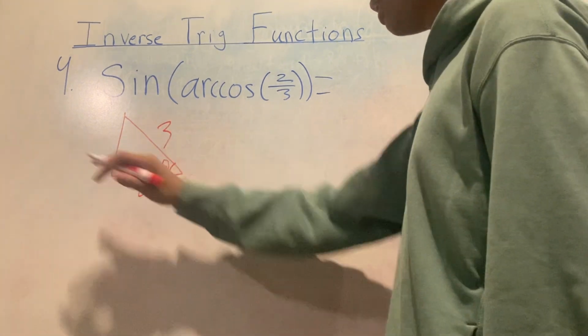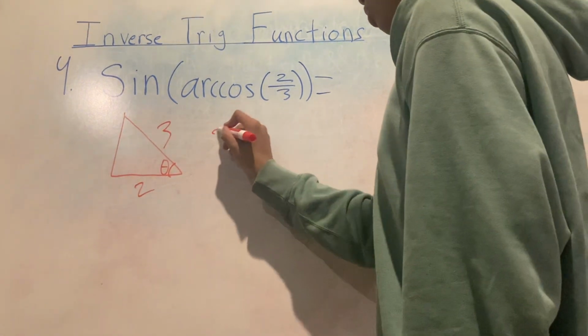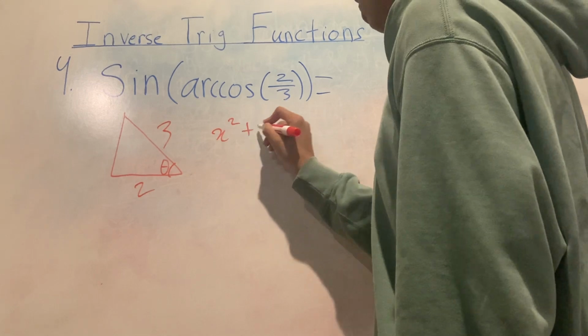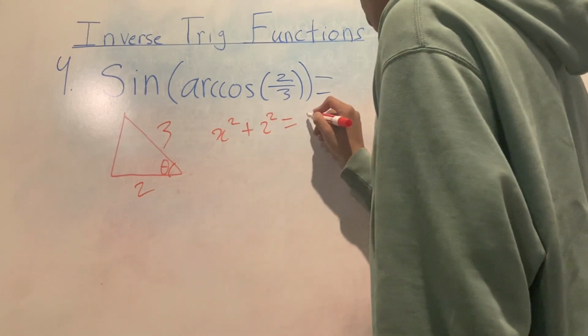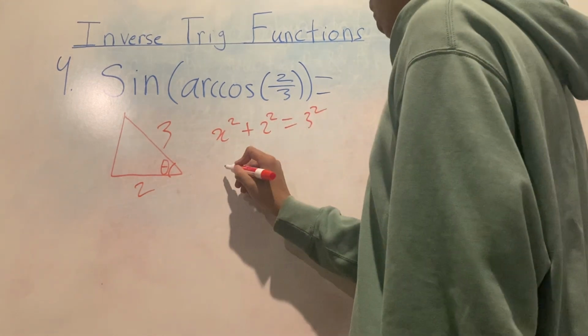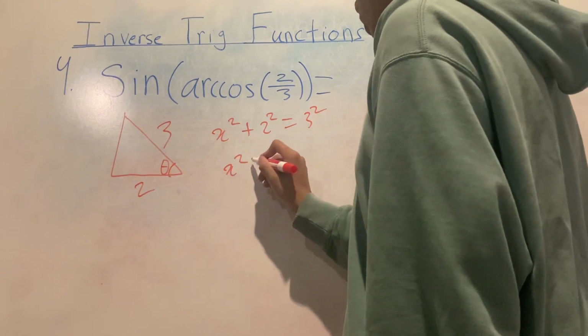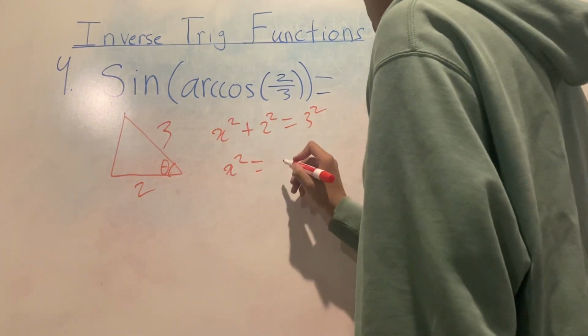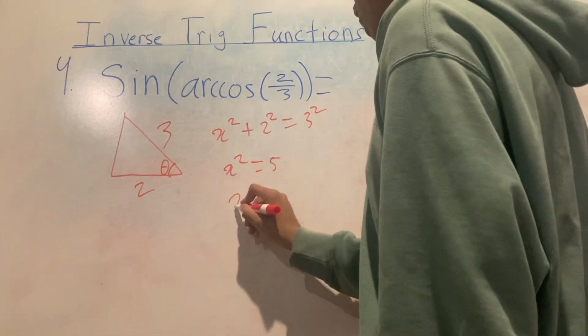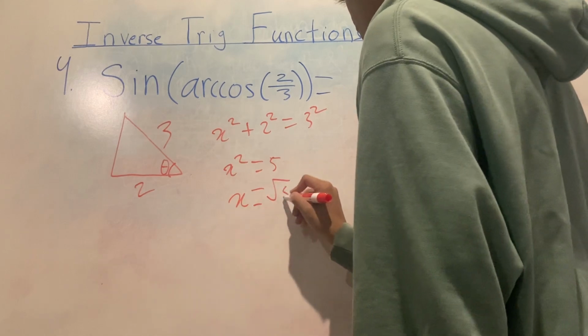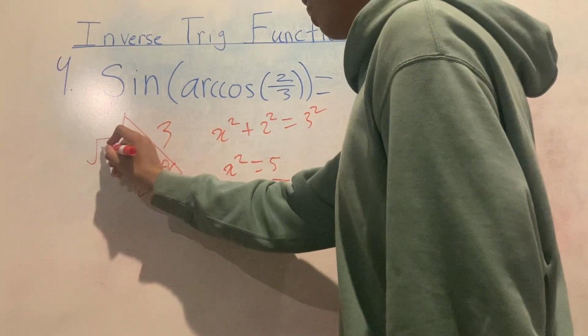And now let's just find this missing side. So x squared plus 2 squared equals 3 squared. So x squared equals 9 minus 4, which is 5. So x equals root 5. So this is root 5.